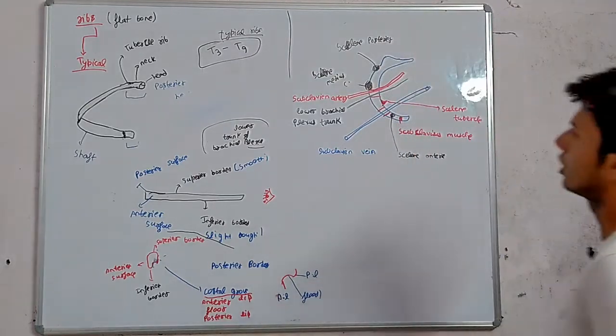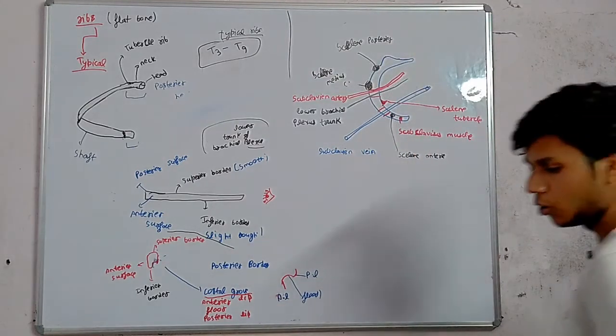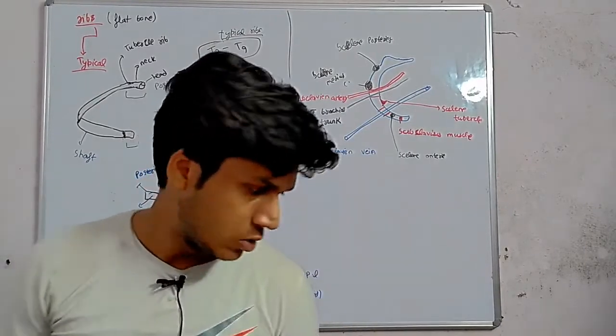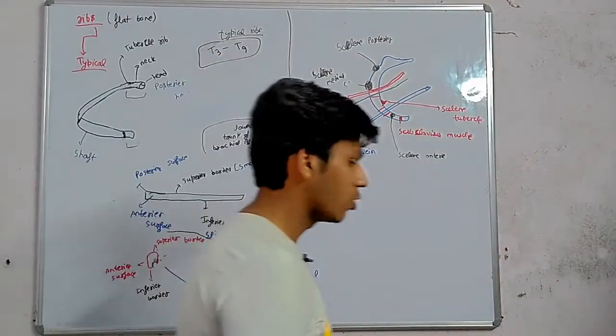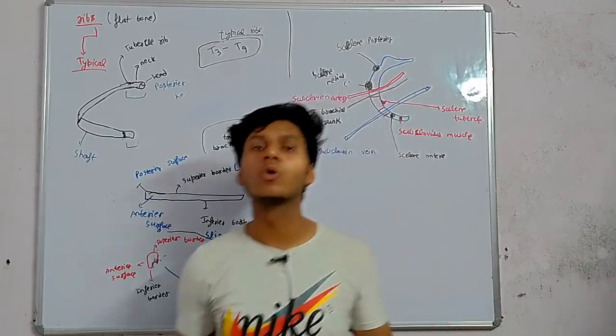So these are the important structures corresponding to the first rib. So here osteology of rib, osteology of thorax completed. Now we go to the other structures.